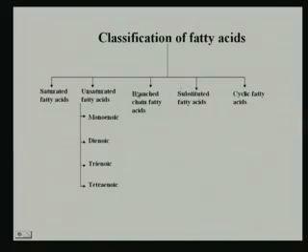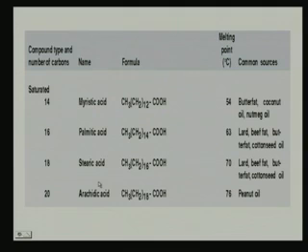That means sometimes we are getting it in the branched condition, substituted condition, sometimes we are getting it in a cyclic form. When we are talking about the unsaturated fatty acid, it may be monoenoic acid, dienoic acid, trienoic acid, tetraenoic acid, and so on.